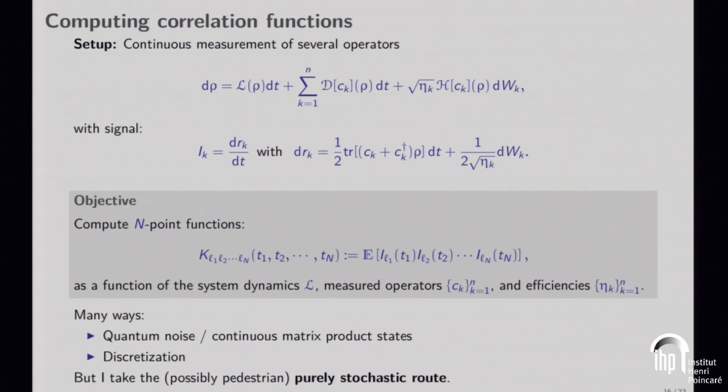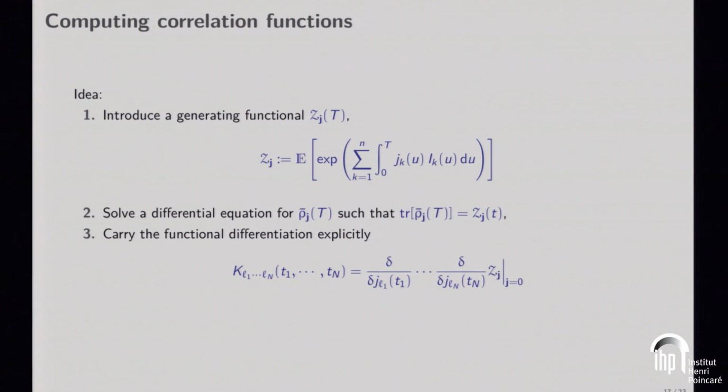And let me not bore you with the derivation, which actually is trivial, although a little bit pedestrian in the general case. But the idea is to introduce a generating functional, exactly like you would do in quantum field theory for the correlation function. And then you realize that you can write a sort of auxiliary density matrix such that this generating function can be written as a trace of this auxiliary density matrix.